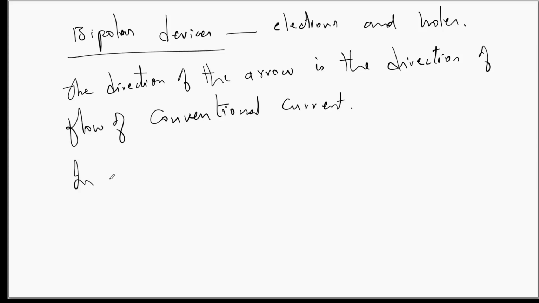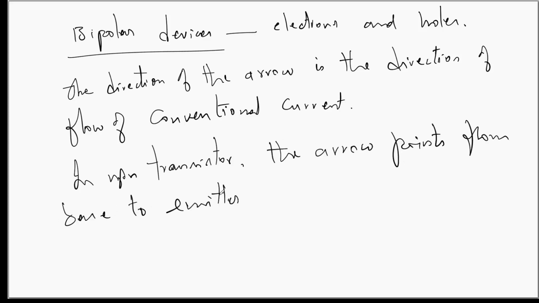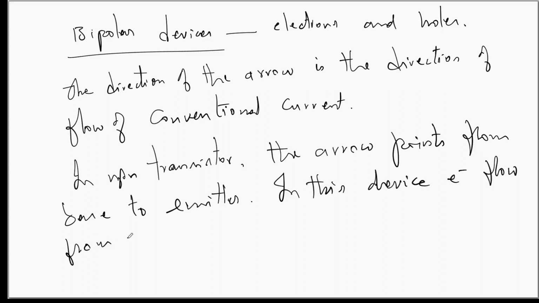In an NPN transistor, the arrow points from base to emitter. In this device, electron flow is from the emitter into the base, and hence the direction of conventional current flow is from base to emitter.